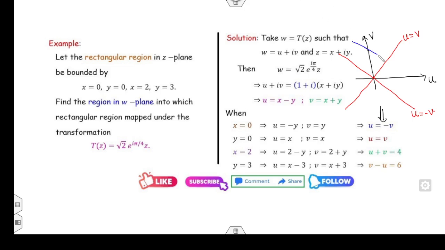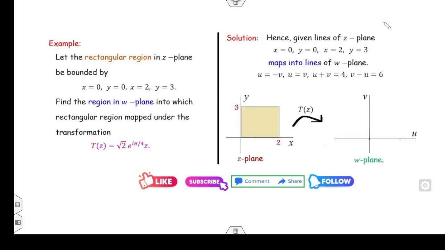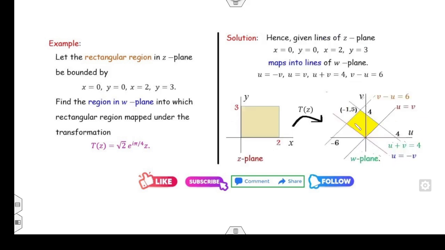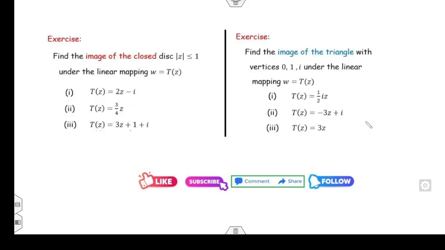This is the graph of u plus v is equal to 4. And this is the graph of v minus u equal to 6. Clear? So if you draw the graph, you can see the common portion is highlighted with the red-yellow color, and clearly this portion is also a rectangle. So this is the way you can solve it in a very simple manner.